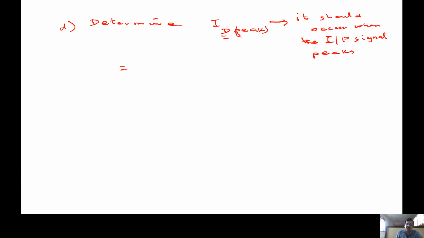So obviously the input signal peaks at an angle of 90 degrees. So it will become Vs sine 90 minus Vd by R. This is from your KVL. Okay. Now only one diode conducts in one half of the cycle. Therefore, it is only minus Vd.